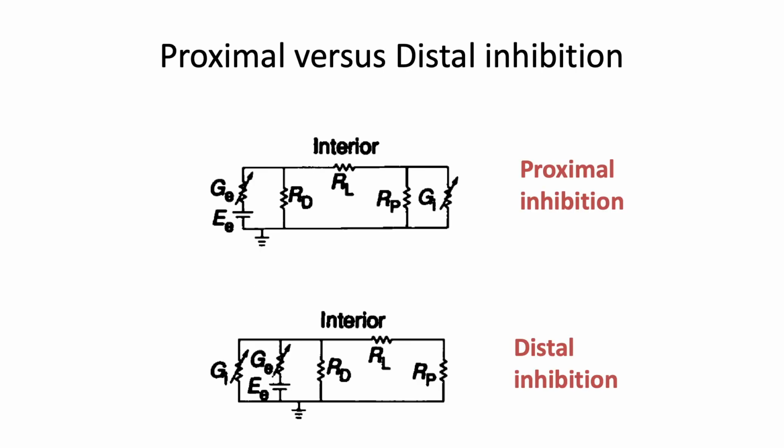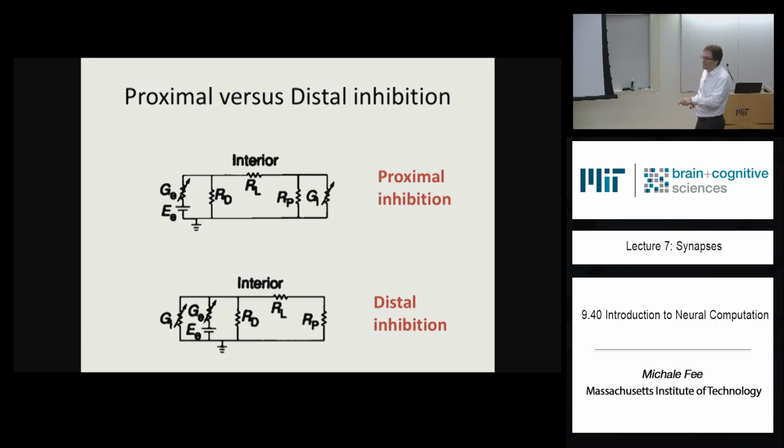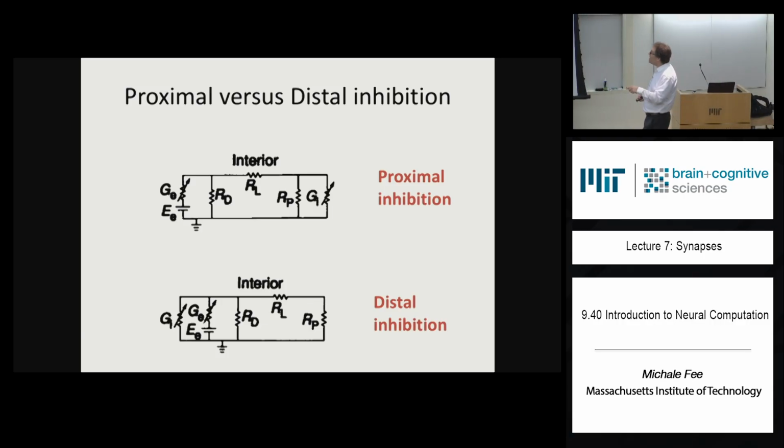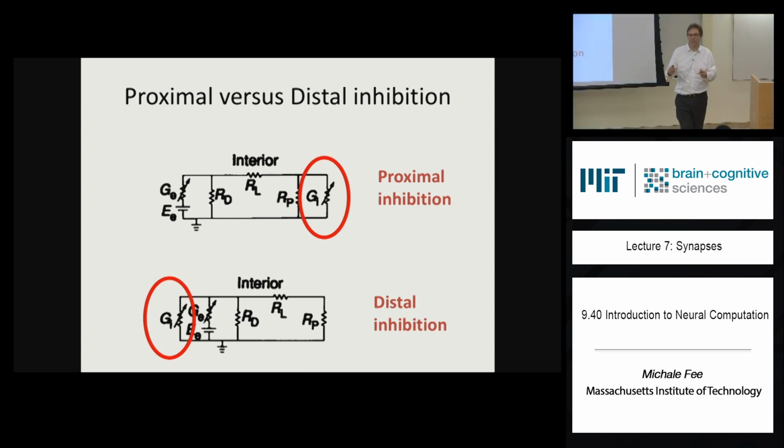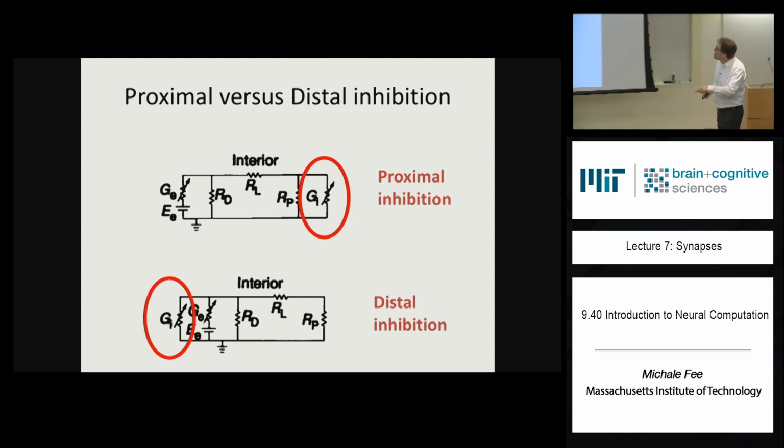In one of these models they model the proximal inhibition; in the other, they put the inhibitory synapse out on the dendrite. And they ask, how are those two sources of inhibition different? What do they do differently to the neuron?